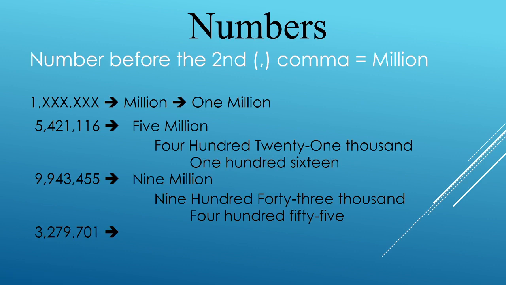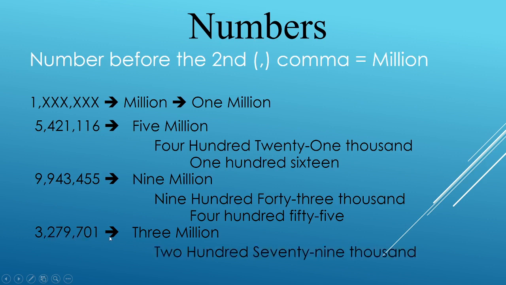All right, to the next number. So once again, try to say this number by yourself. Unpause the video after you try it, and then listen to how I will pronounce or say this number. To say this number, remember the first comma is 1,000, the second comma is million. So to say this number, we say 3,279,701.